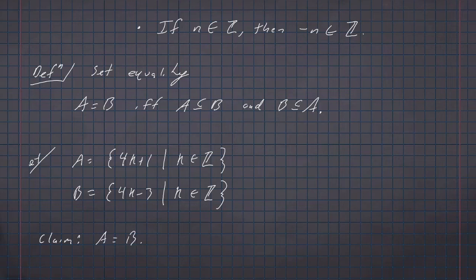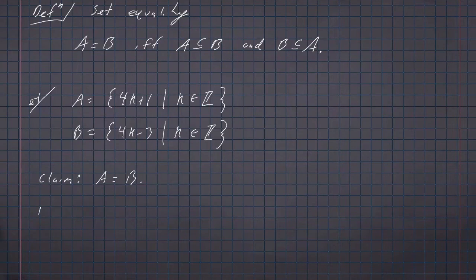And our claim is that these two sets are in fact equal to each other. And we would like to prove this claim. Use what we know in order to establish that this must be the case.